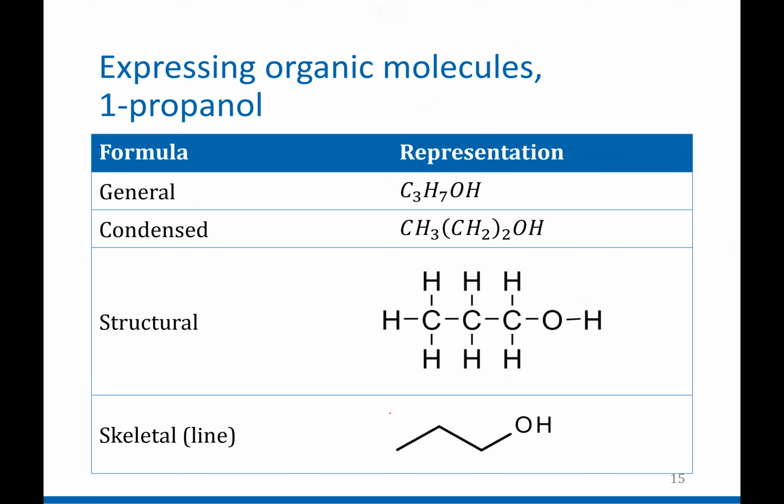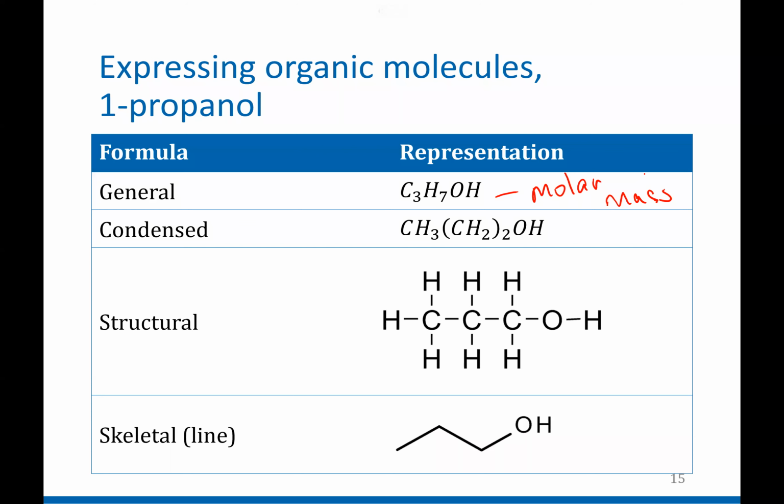There are 4 ways we can represent a chemical formula. There's the general, which we will come back to. The only good thing about general is it's easy to calculate molar mass. And as you know from Chemistry 1120, the molar mass is really good for us when we're doing stoichiometry.